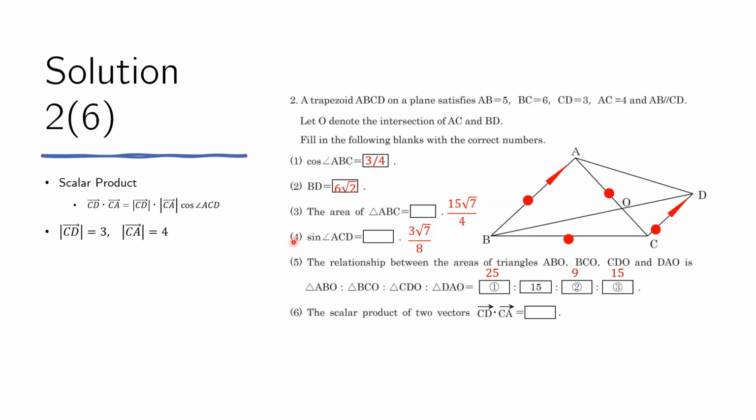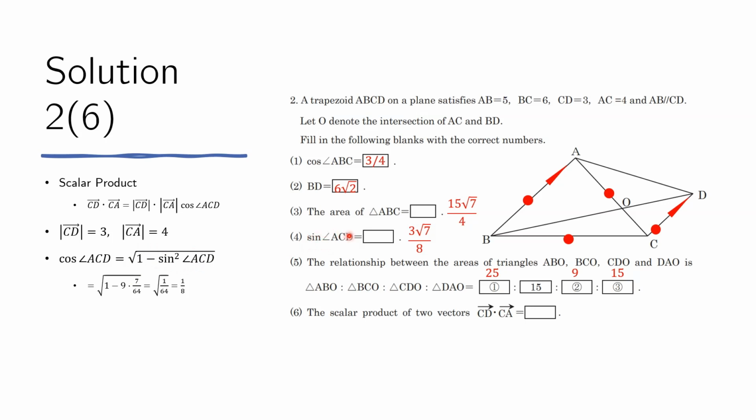However, we know from problem 4 the sine of ACD. So let's use that, because the sine of ACD and the cosine of ACD are related by the Pythagorean identity, which we covered in a previous question. We can get the cosine to be the square root of 1 minus the sine squared.